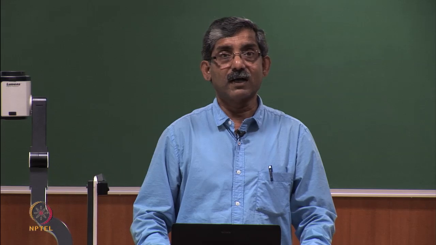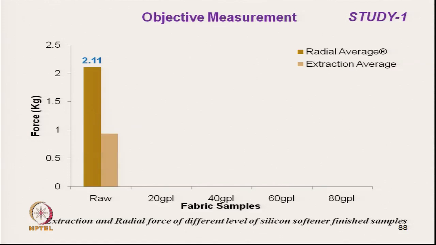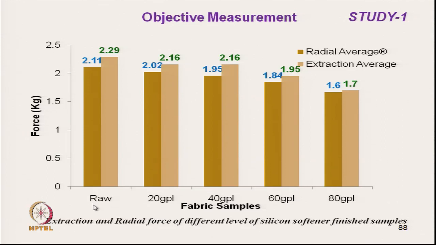In our research, to study the tactile aspects, the fabric was treated with a silicone finishing agent at different concentration levels. This is the raw, without any finish, and then concentration levels of 20 gram per liter, 40, 60, 80.